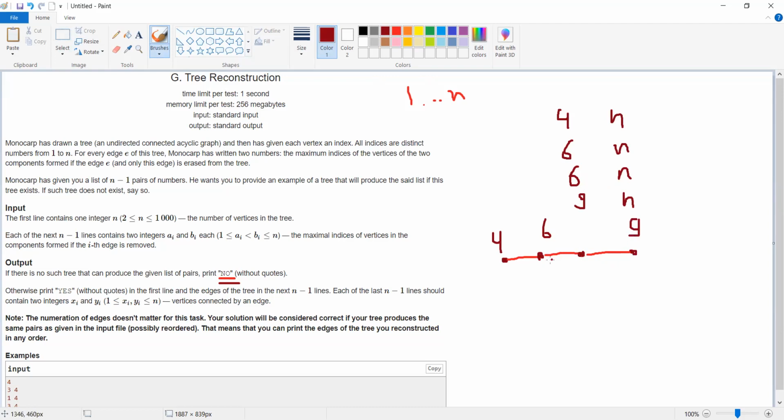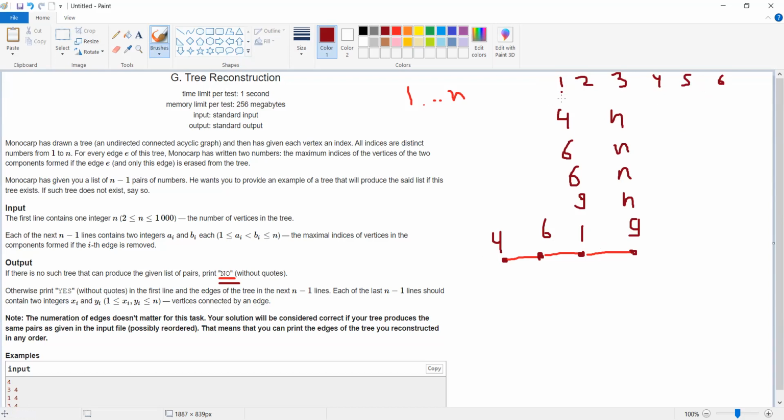What is the number between 6 and 9? Any number smaller than 6 that we didn't use yet. So we didn't use 1. We put 1 here. So we have some array where we remember which numbers we used.